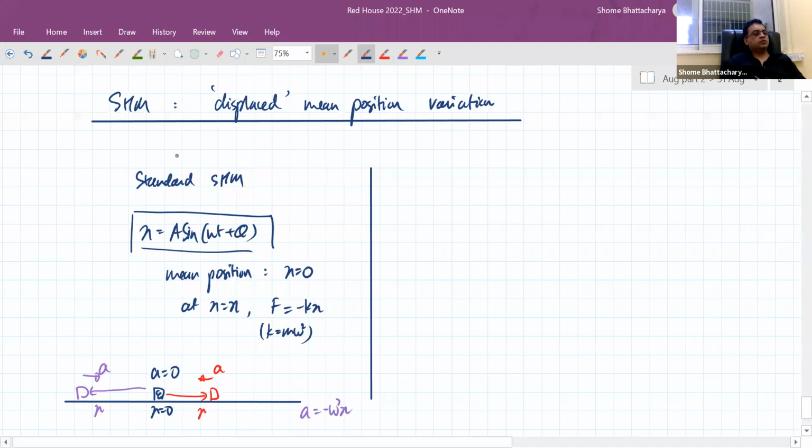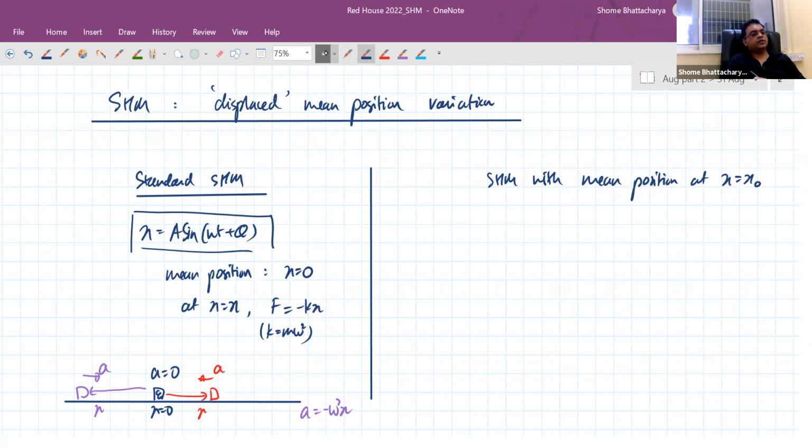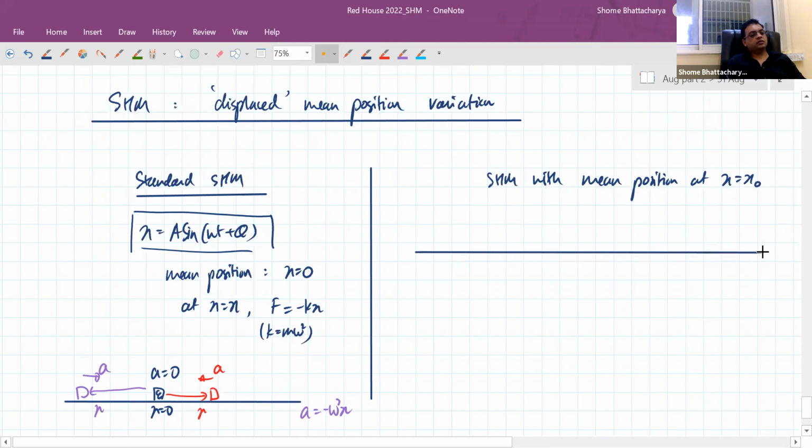But now we have an SHM with mean position at x equal to x naught instead. Okay. So just a question of your reference frame has changed, or the origin of your reference frame has changed.